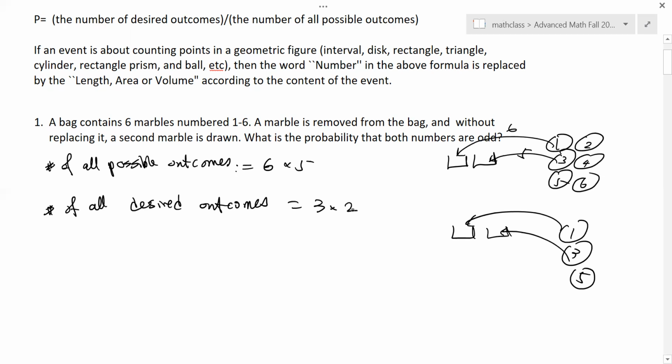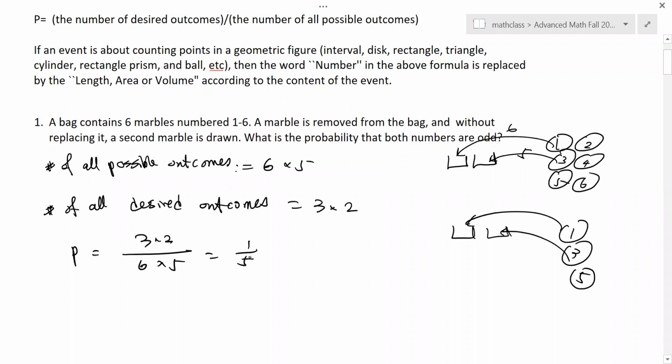The total number of ways to select the 2 other numbers and put them in a row is 3 times 2. So the probability will be the ratio of these 2 numbers: 3 times 2 over 6 times 5, which is 1 over 5.